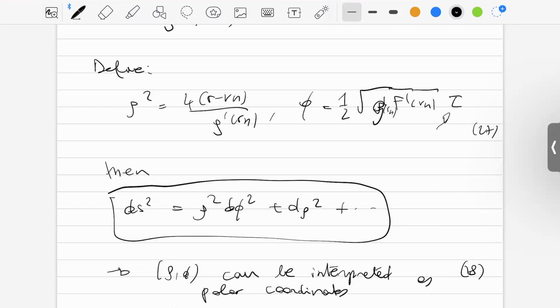Now, if you remember, when you have a theory at finite temperature, the time is periodic, in fact, with the period which is given by the inverse temperature. So we have found something very beautiful. We have found that time is periodic. And now if we identify these things with the inverse temperature, then we are done.